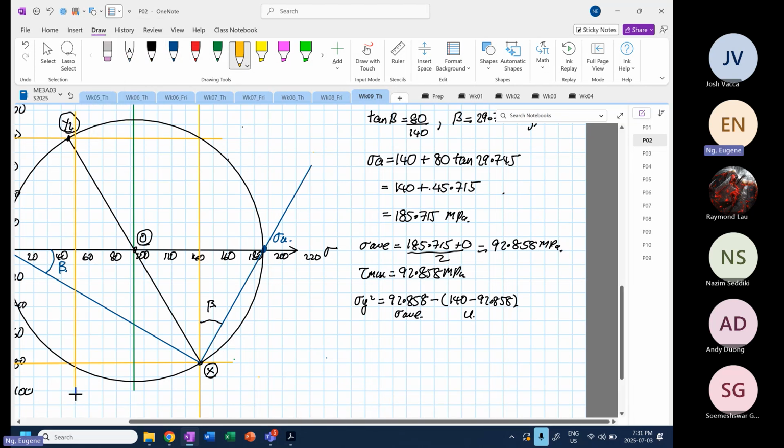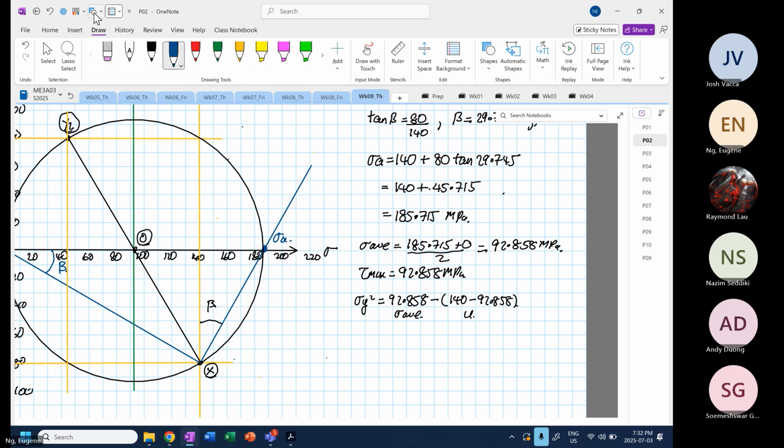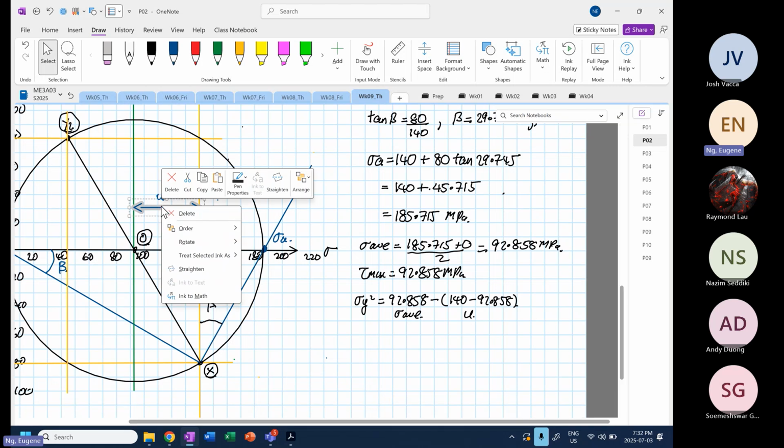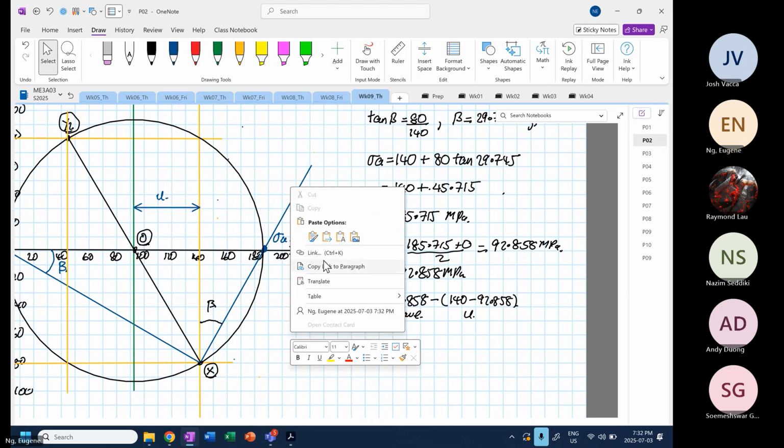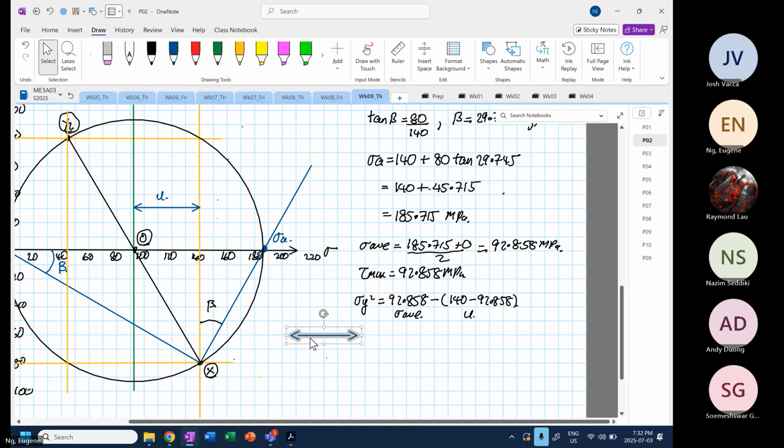So we know, like what I mentioned to you before, the distance from here to here is U. And then if I take the same distance, this is also U, as you can see, right?